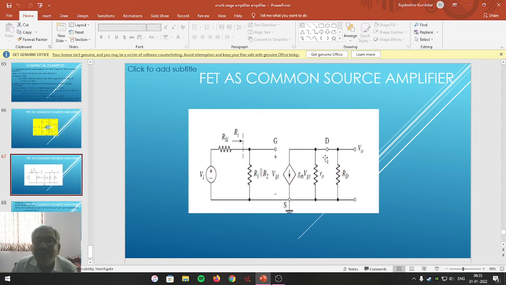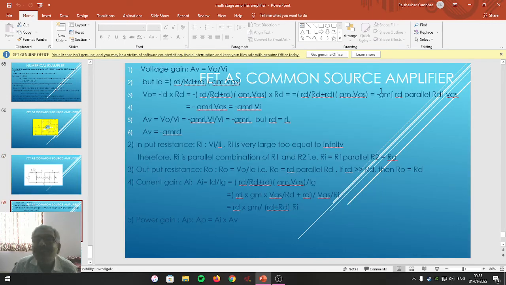Look here: small rd is parallel with capital RD, into Vgs, which one can write as minus gm into RL into Vgs. The parallel combination of rd and capital RD is RL, that is the AC load resistance.